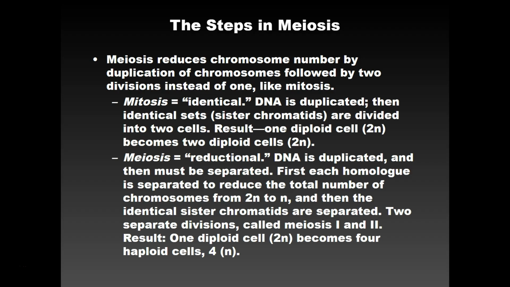Meiosis is reductional, so you are winding up with half of the chromosomes that you actually started out with. There are 2 separate cell divisions in meiosis, whereas in mitosis there is only 1. So meiosis is separated into meiosis 1 and meiosis 2. And so 1 diploid cell becomes 4 haploid cells. We're going to talk about that process.